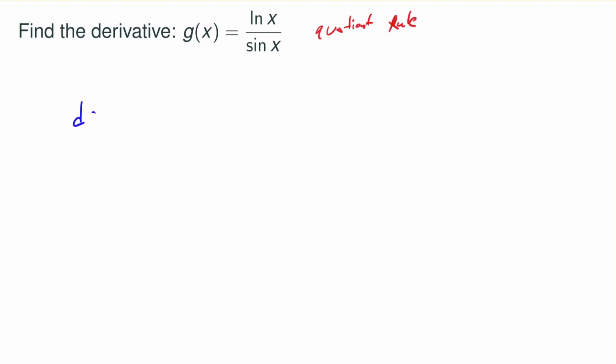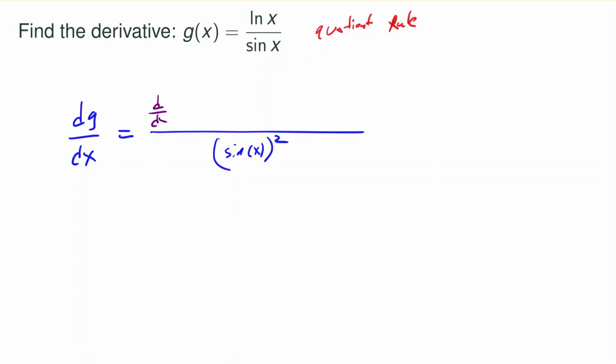So dg dx equals bottom function square, derivative of top function, so let's write d dx of ln x times sin x, minus derivative of bottom function, which is sin x, times ln x.